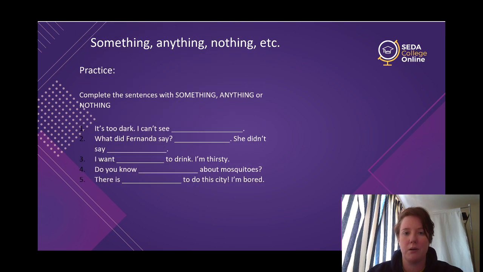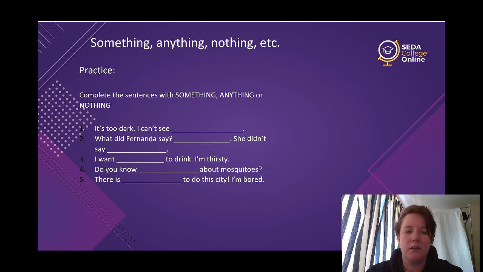So next practice, in this one, you're going to complete with something, anything, or nothing. So this time we're referring to things, not people, okay? So the same procedure, just write the number and then write the correct answer.